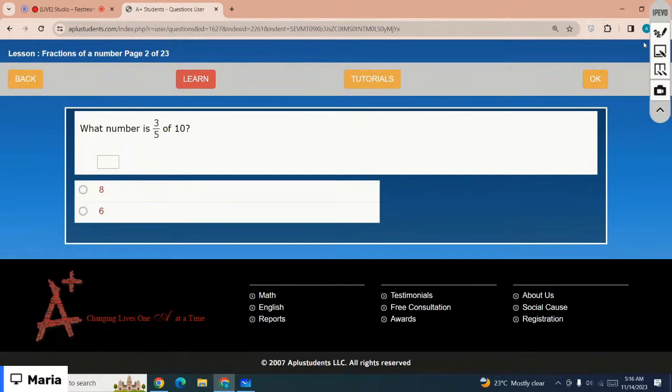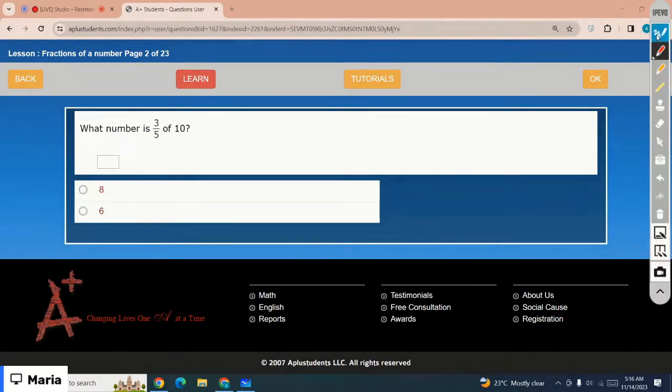So 3 by 5 of 10 is 10 over 1 times 3 over 5: 10 times 3 is 30 and 5 times 1 is 5. Now you have to count 5 until 30. So 5 times what number is 30?